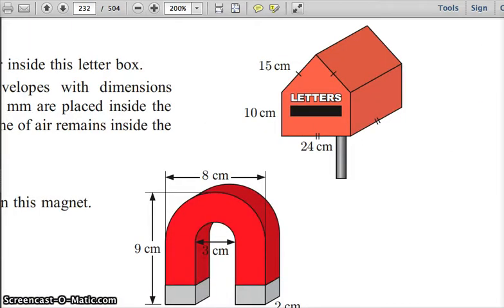Okay, so we're looking at finding the area of the air inside that. What you're probably best off doing, Jazz, is completing the dotted line so that you recognise the three-dimensional nature of it. And if we were to do that, it would look something like this.